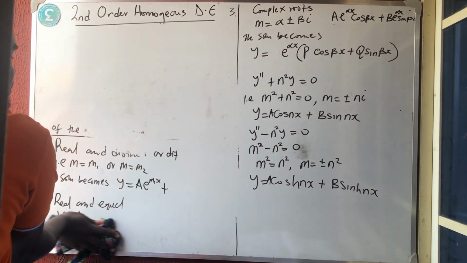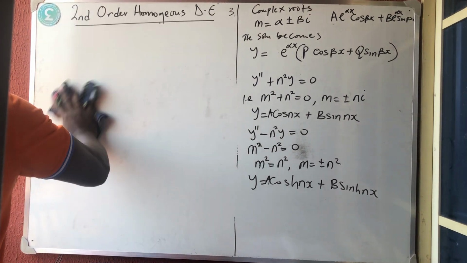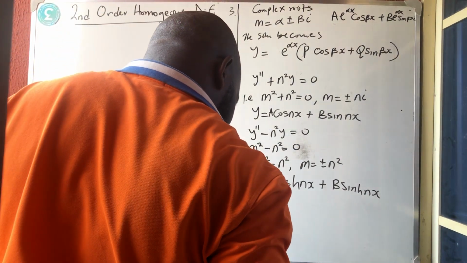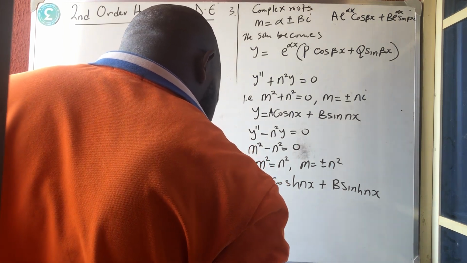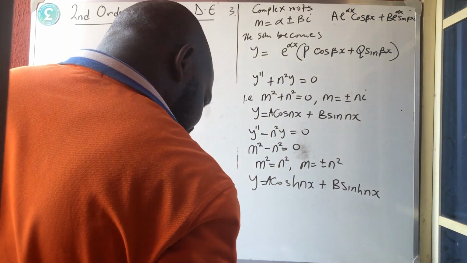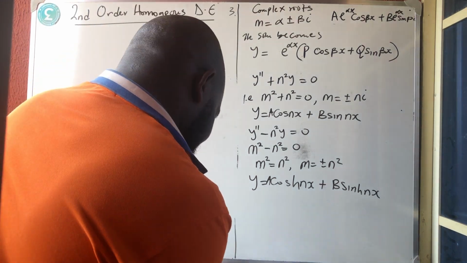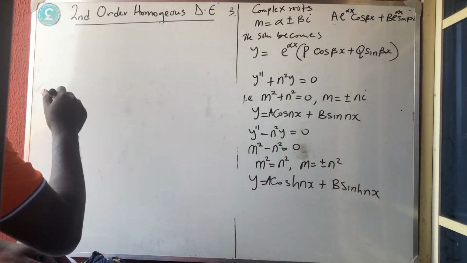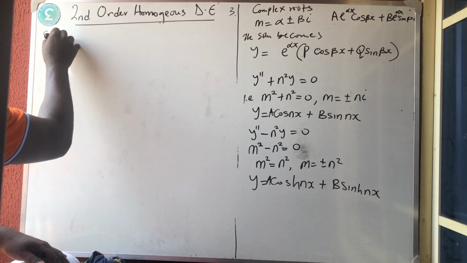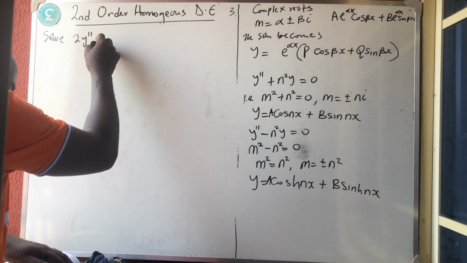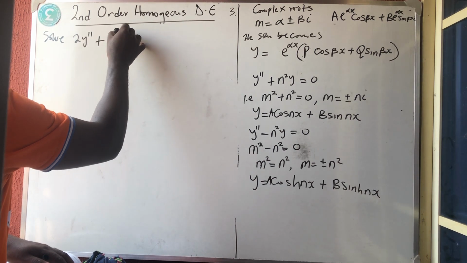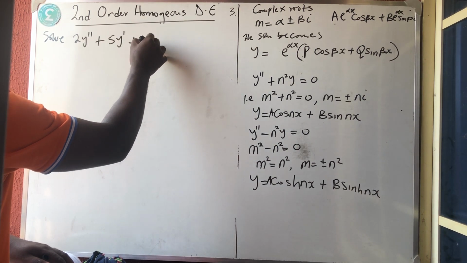So having understood this one, let's now solve questions so that it will be very clear to you. The first question we are going to solve says, solve 2y prime prime plus 5y prime plus 6y is 0.